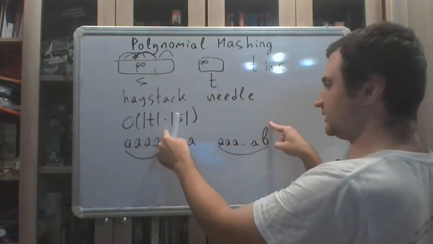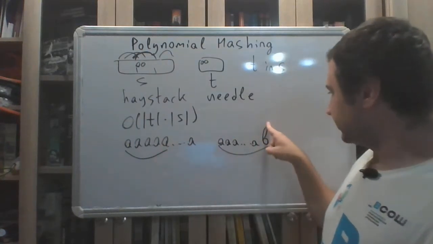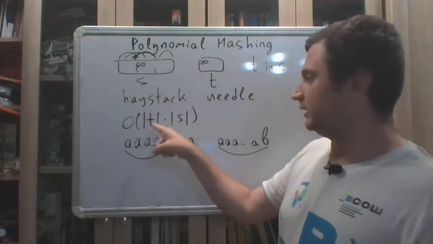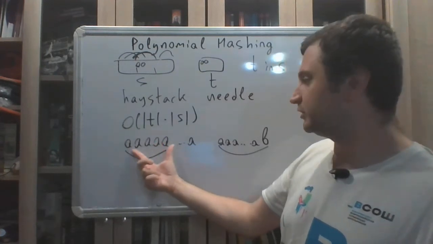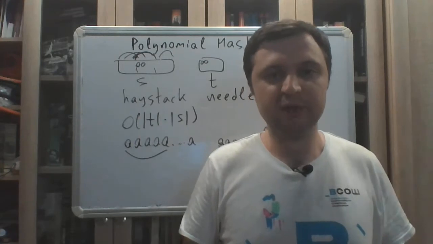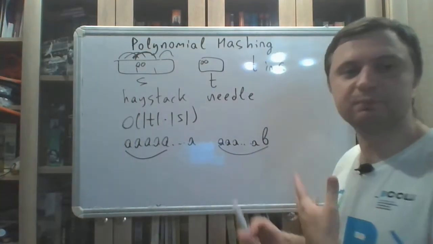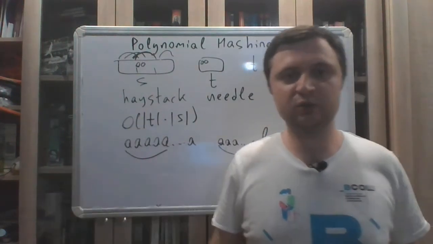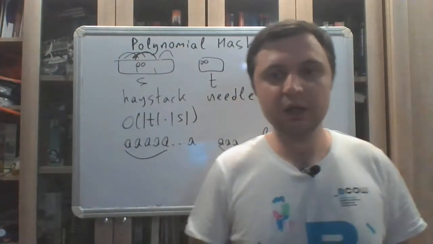And only in the last letter you say, oh, this letter doesn't equal this letter, so this is not an instance of T. You do the maximum possible number of operations, and you would do it for each position, so you reach the maximum possible working time. So there are examples in which the working time is the product of these lengths. If they are both millions or billions, you are doomed to a very long procedure.